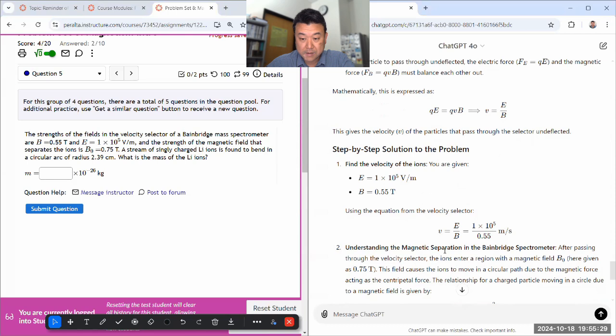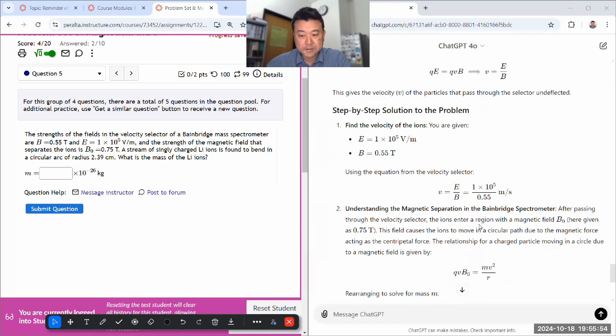So now, understanding magnetism in the Bainbridge spectrometer. Without knowing what a Bainbridge spectrometer is, I'm going to assume that the magnetic field is set up perpendicular to the velocity. So the magnetic field produces a magnetic force that's always perpendicular to velocity, so it ends up being centripetal force, building a circular path.